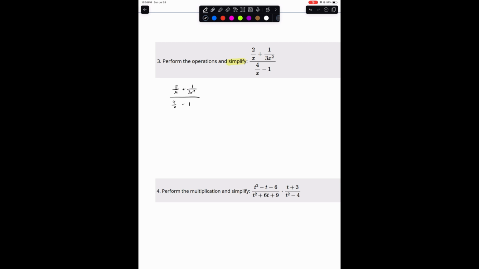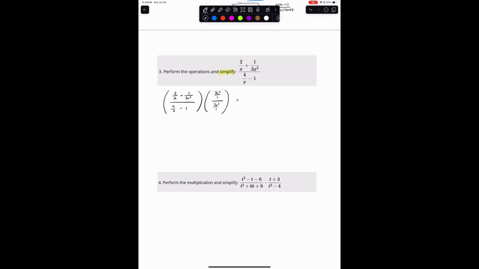We can cancel all these denominators by multiplying everything by 3x squared. So top, bottom, right? Because what you do on top, you need to do on bottom. So 3x squared over 1, 3x squared over 1 to make it clear, right?